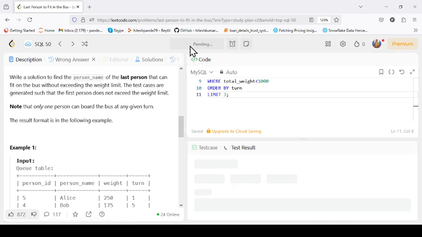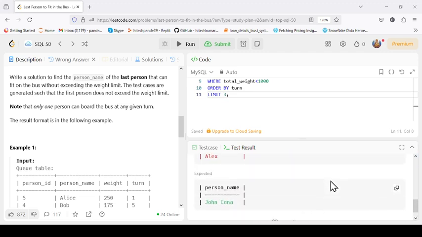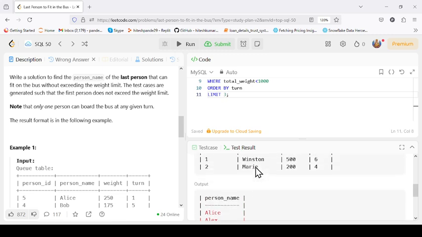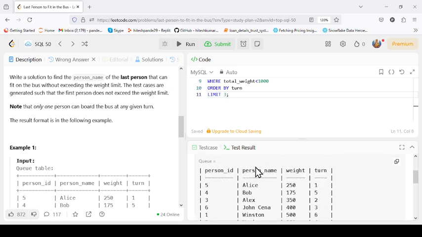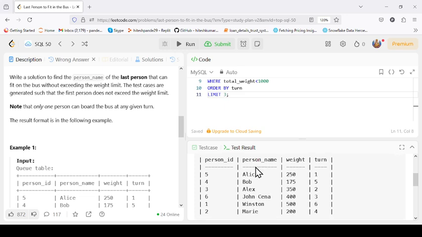Let's see. In offset 2 we will write offset 2.